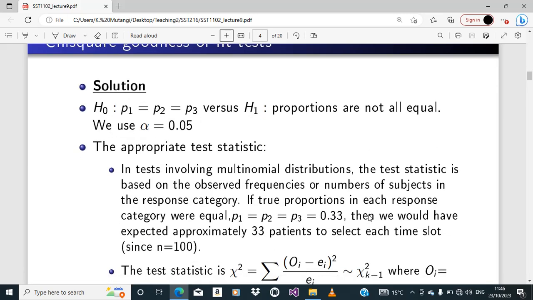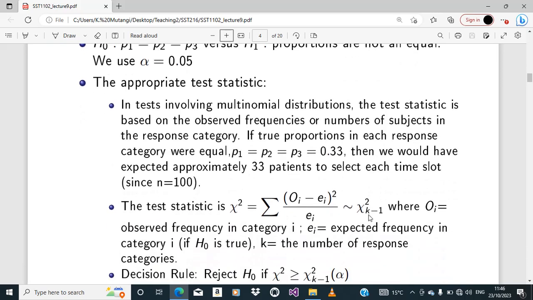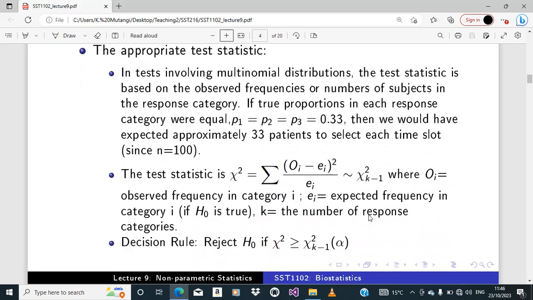The solution: the null hypothesis says the three proportions are the same versus the proportions are not all equal. We are testing at 5%. The appropriate test statistic is obviously the chi-square with 3 classes in this case, and R is equal to 0 because we are not estimating any unknown parameters here.